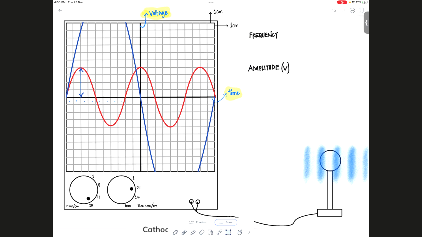It's on the screen. Amplitude is 4 volts or centimeters. No, amplitude should be in voltage.